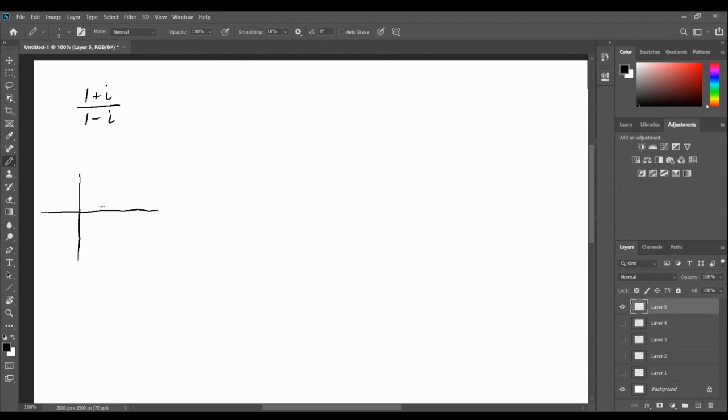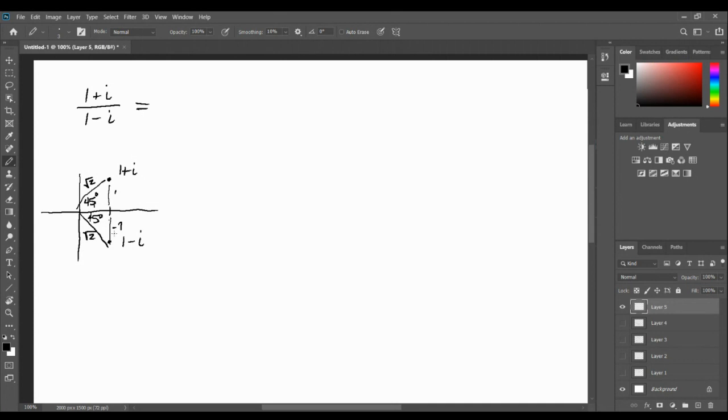Thinking about what we've got here. 1 plus I would be up here. 1 minus I would be down here. In both cases, this is a 1, that's a 1, this is -1. In both cases, these are 45 degrees. And so this would be √2.